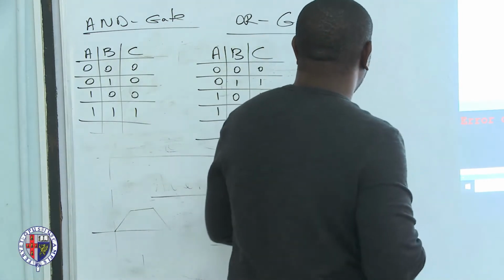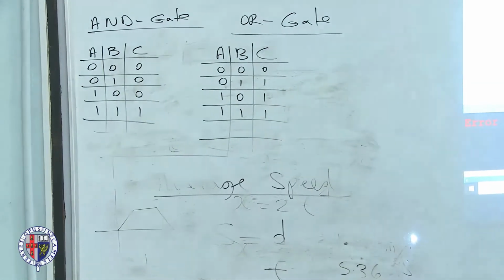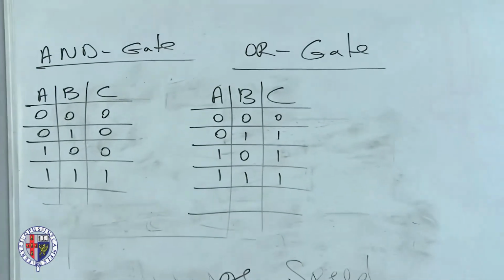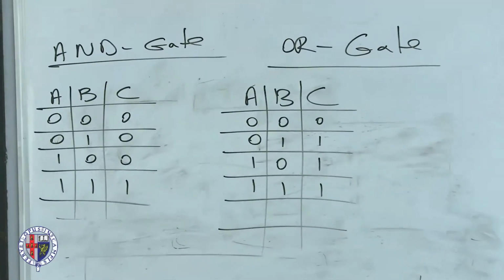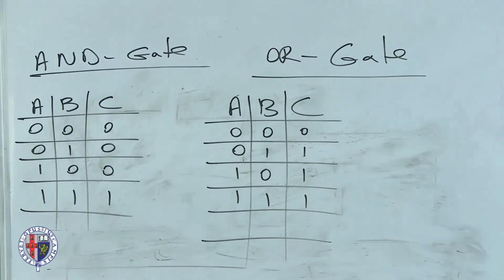All right, so these are some of the gates, and of course, I have a little device. I didn't activate all the lights, but I can activate all the lights.